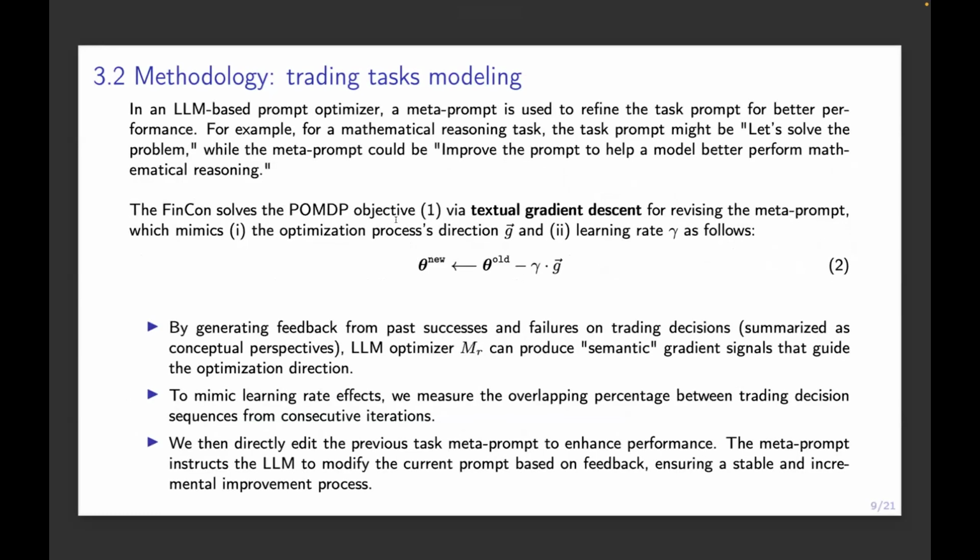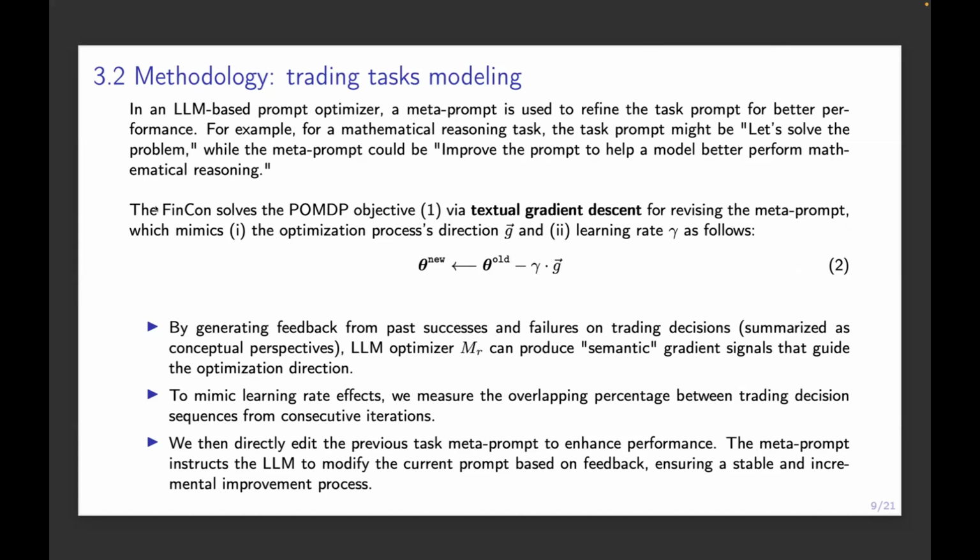In a large language model based prompt optimizer, a meta prompt is used to refine the text prompt for better performance. For example, for a mathematical reasoning task, a task prompt might be, let's solve this problem. But the meta prompt could be, please improve the prompt to help the model better perform mathematical reasoning. This is different, and textual gradient descent is based on the meta prompt.